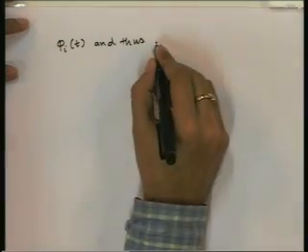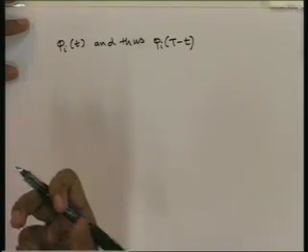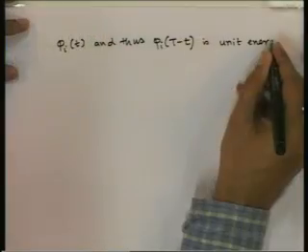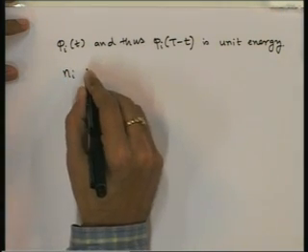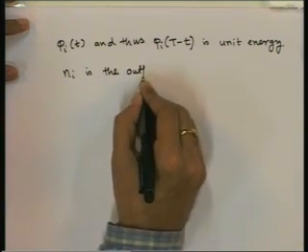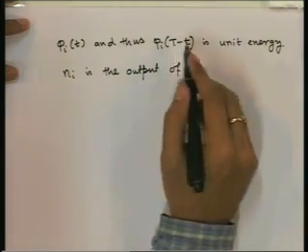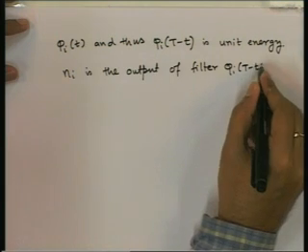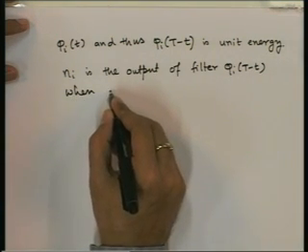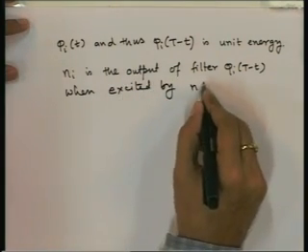So, phi_i(T minus t) is also unit energy, because it is nothing but a flipped version of phi_i(t). And N_i is the output of this filter with this impulse response when excited by N(t).